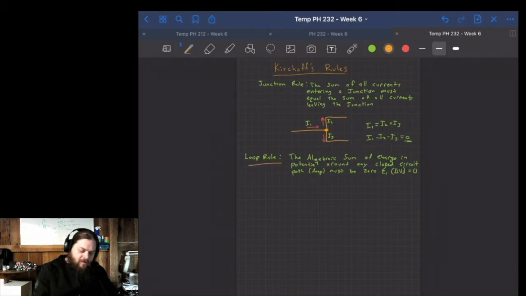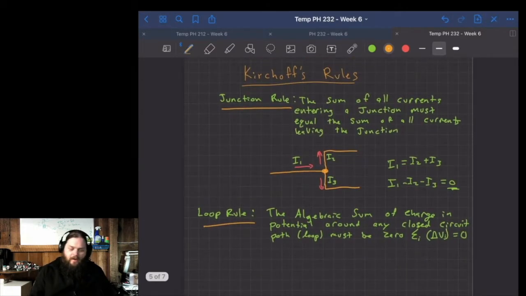Using these two rules, we can create a system of equations for our circuit to identify the current at any point along the circuit, because usually we can control the voltage going in at power supplies and we can control the resistance values. But the current is always kind of a questionable thing. We don't always know what the current is for everything, and we can use these rules to find those currents.